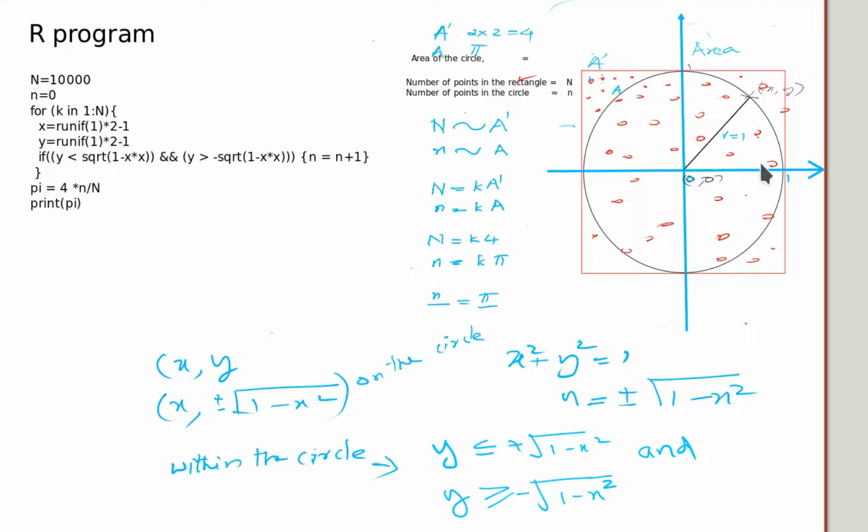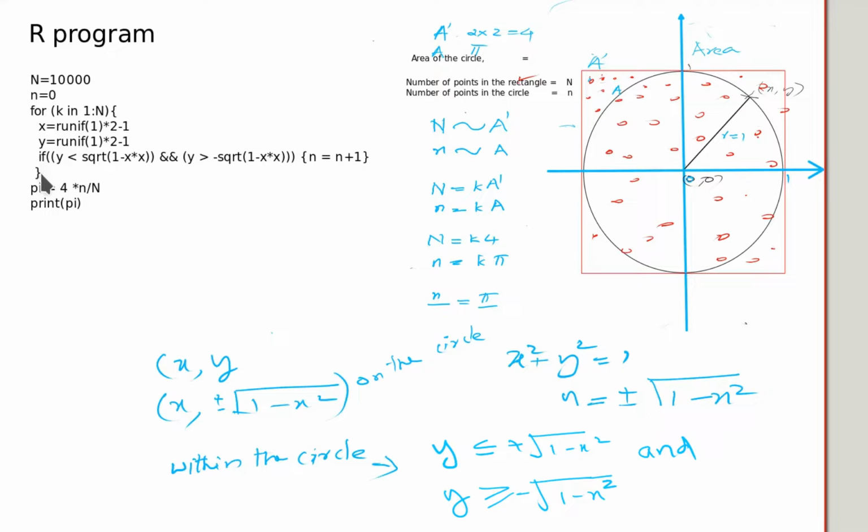If it is in the upper part of the x-axis, it will be less than the root of 1 minus x squared. If it is below the x-axis, it must be greater than minus the root of 1 minus x squared. In that case, we will increment n by 1. That means we say one more point is there within the circle. We will put this in a loop so that it will generate N number of points. Here 10,000 points will be generated.